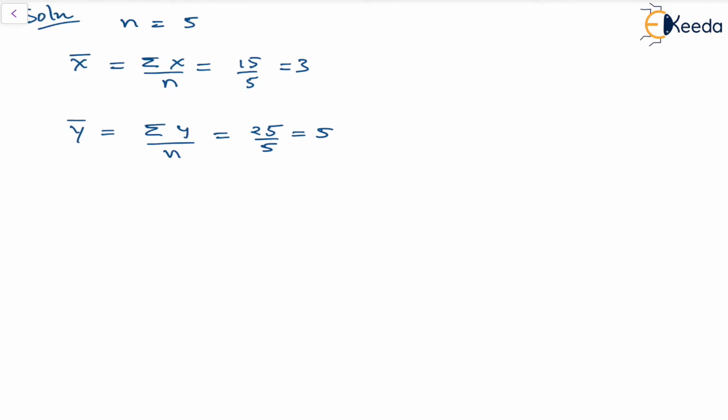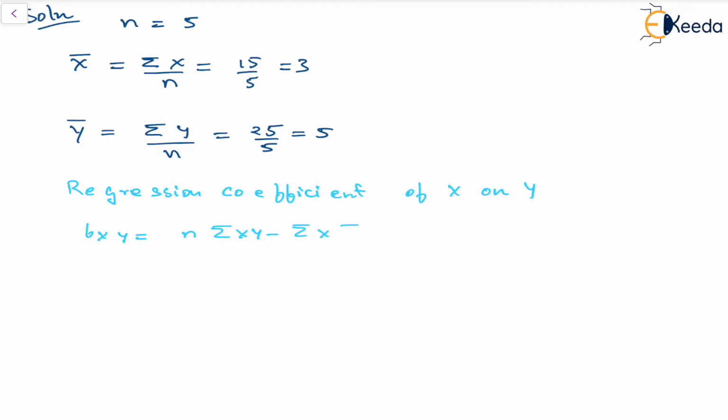Now finding the regression coefficient of x on y. This will be given as bxy equal to n times summation of the product xy minus product of summation x and summation y, divided by n times summation of y square minus square of summation y.